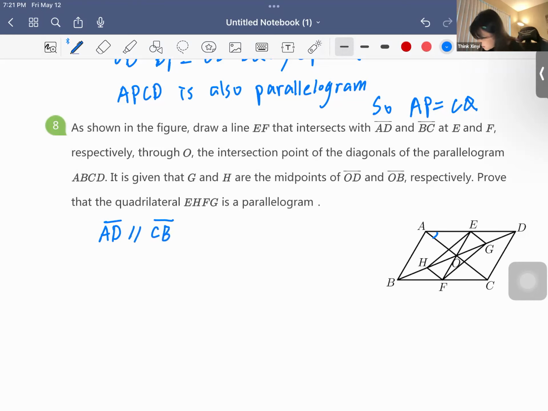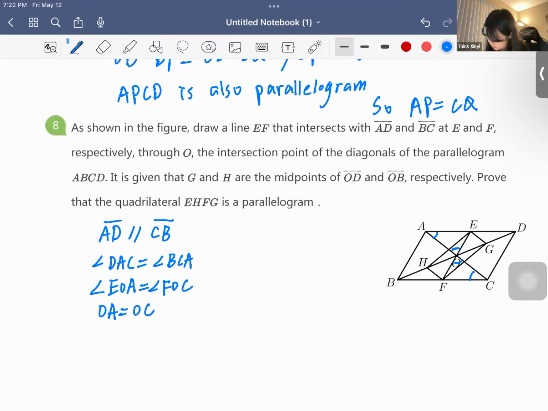And therefore we can have the angle DAC equals the angle BCA, and the angle EOA equals the angle FOC, and we also have OA equals OC.